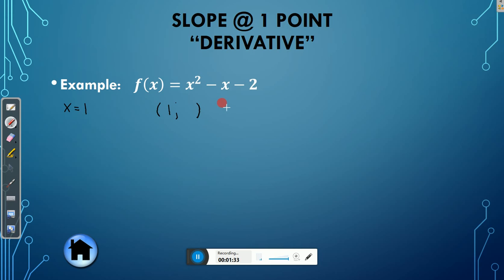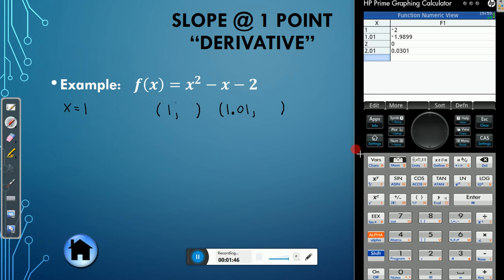And then another point really close to it, and I'd always say just add 1 penny. So 1.01 comma something. All right, just got to plug those into the calculator, and it will give you the y values. So you can see I already have them plugged in here.